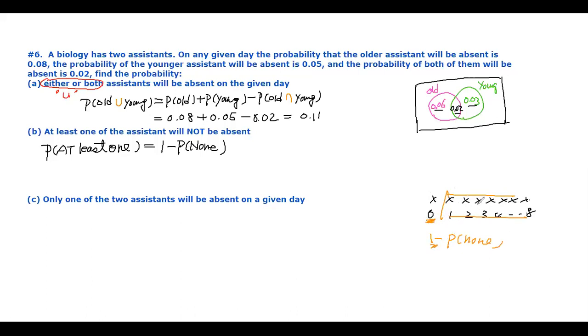Why 1? Because it is the whole sample space. Be careful, this is a very important trick in statistics: when you see the words at least, it's 1 minus none.